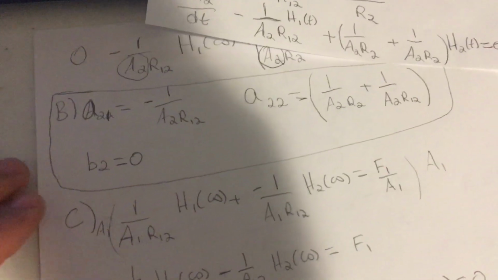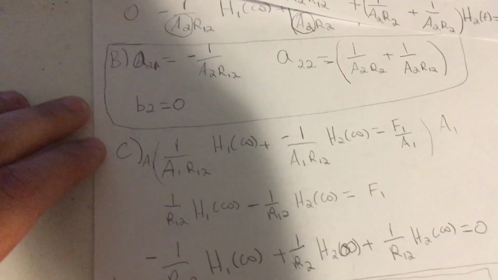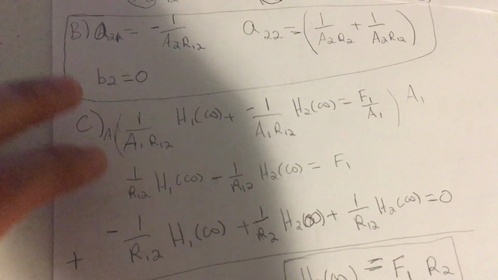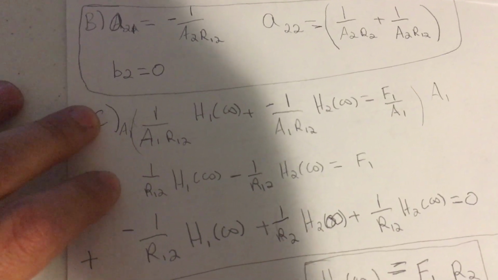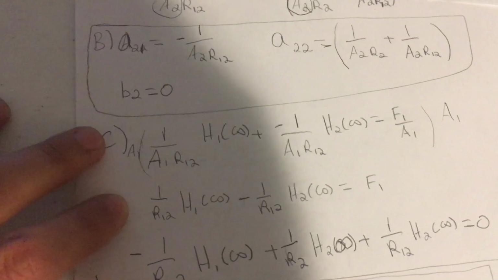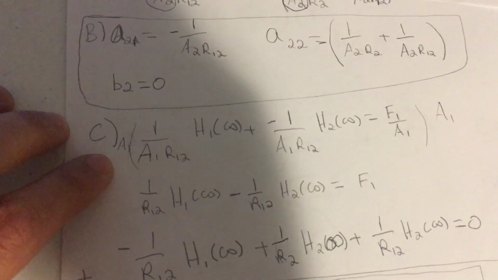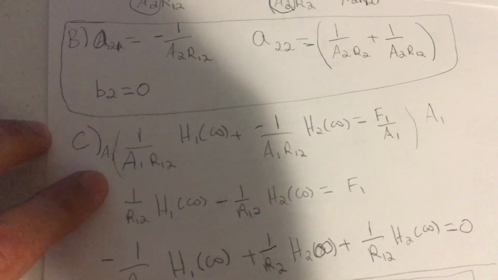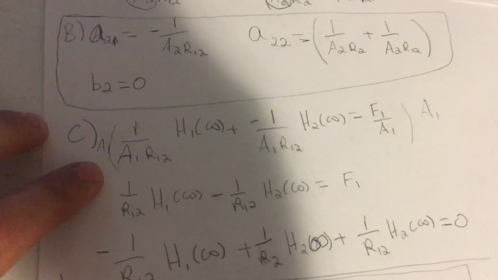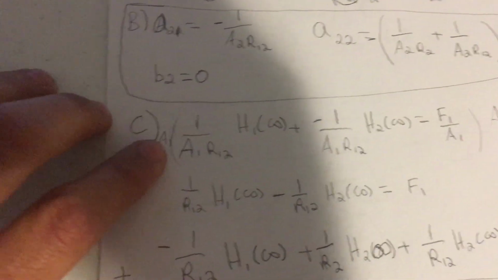So let's move on to step C. So step C, this is where you're going to start manipulating those two formulas that you just derived. For the first formula, this is in regards to tank 1, necessarily the change in height of tank 1. We've already taken out the derivative here.